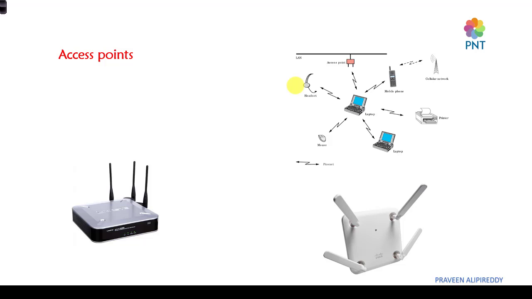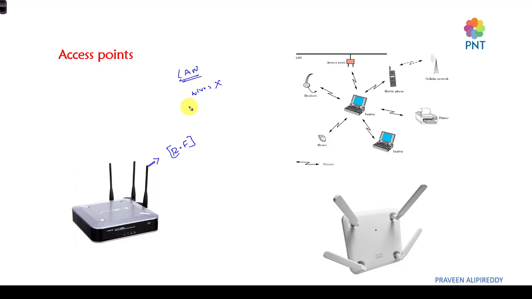Next we'll talk about the device called wireless access points. By using these wireless access points, we can build a local area network without using wires, because these access points have antennas, which generate radio frequency signals.